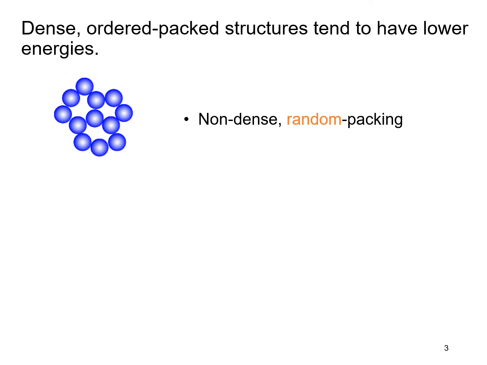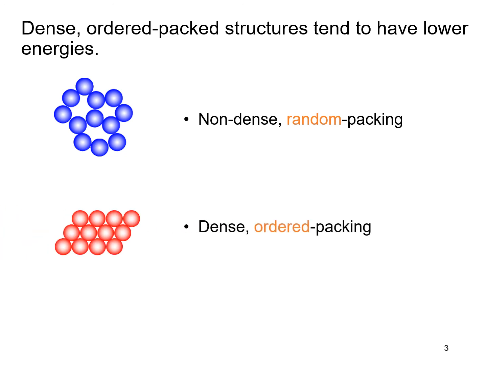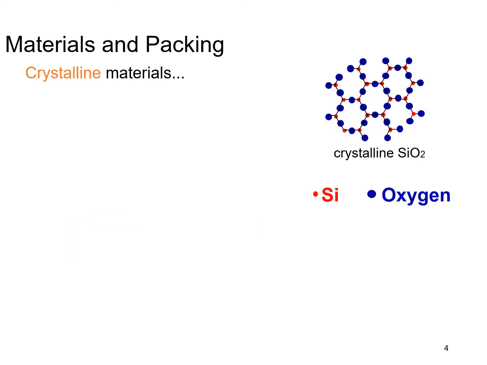This provides a pretty non-dense, or low density, form of this material as a composite whole. That's different than an ordered packing system, which is much more dense, with less space in between the atoms, and it's a repeated pattern.